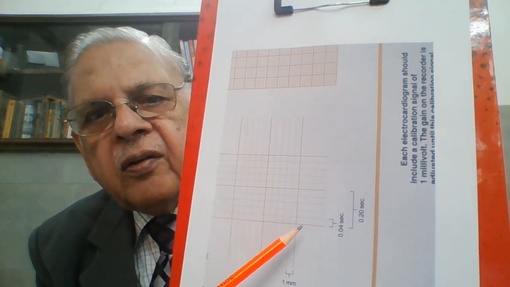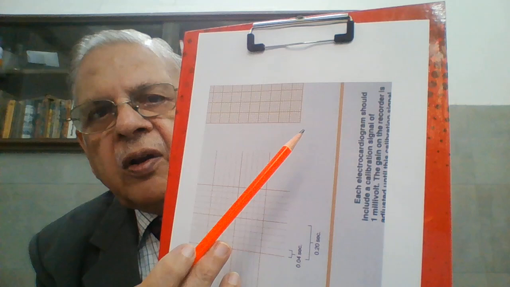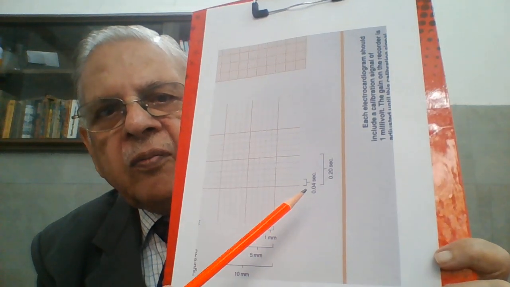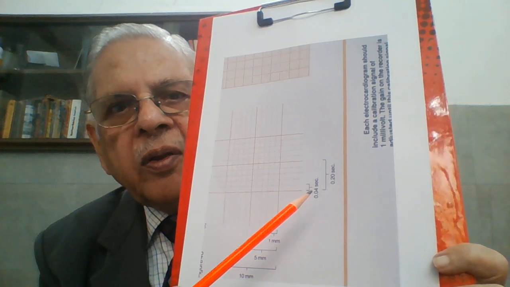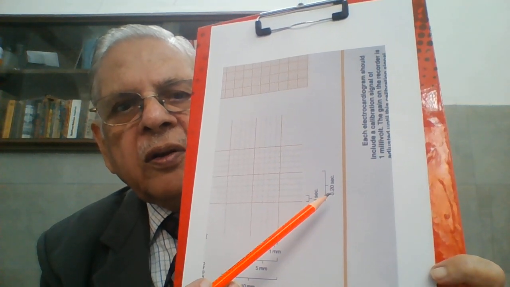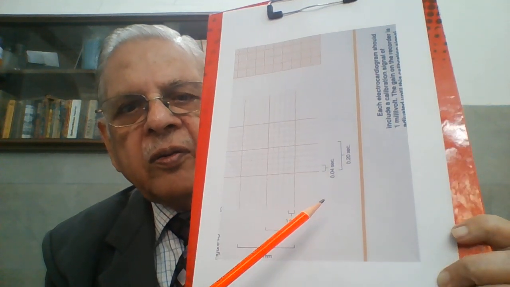You see, this is what we are talking about, from here to here. Here it is magnified to make it bigger. This is 0.2 seconds, but a single one is 0.04 seconds.